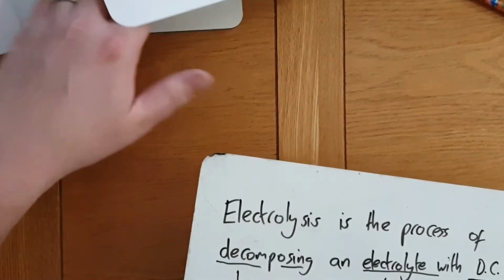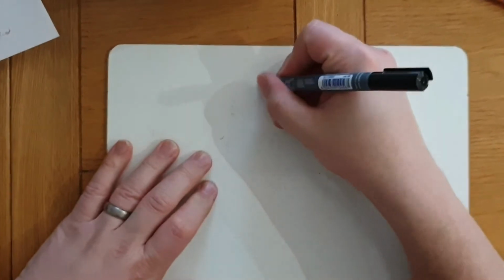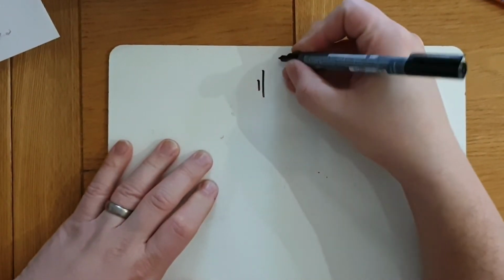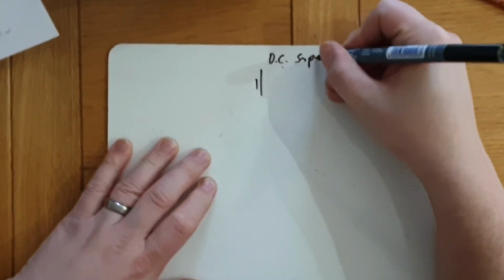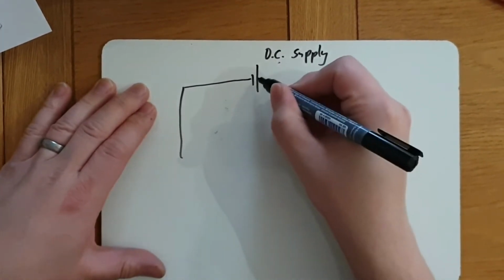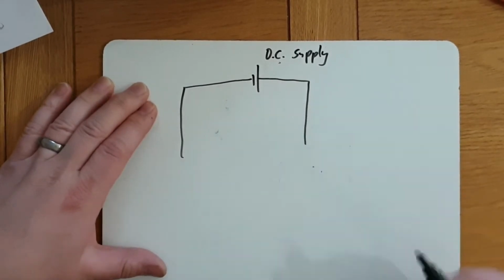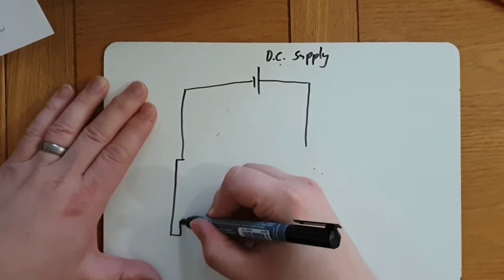So let's draw a basic setup for electrolysis. So we're going to need our DC supply. So that's our direct current supply. We've got a couple of wires coming from it, and then we need something called an electrode.